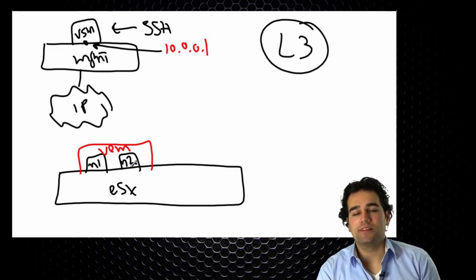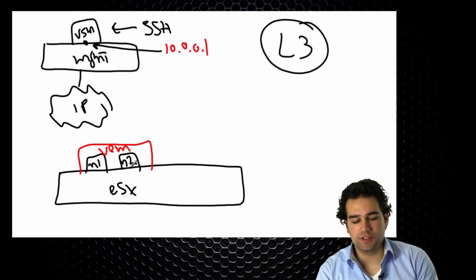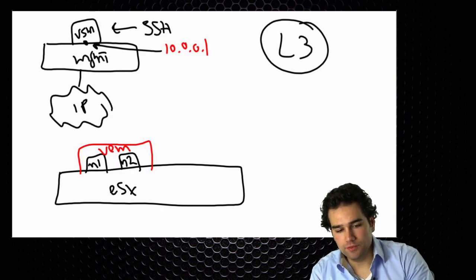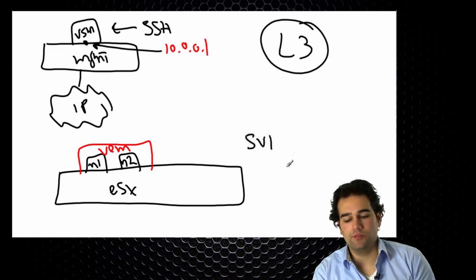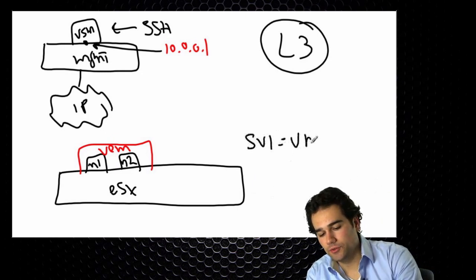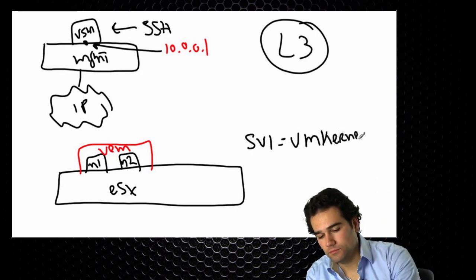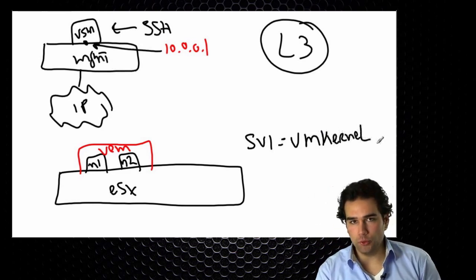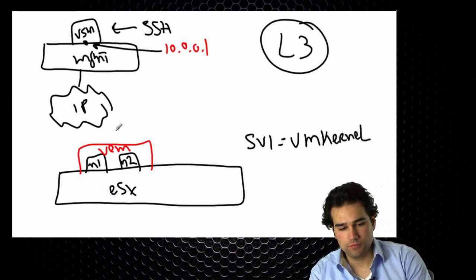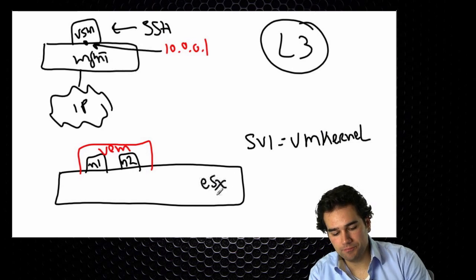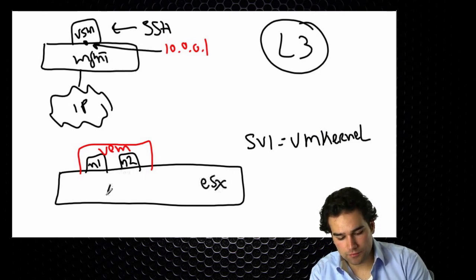So how do we get a layer 3 IP address configured here on these NICs? That is done using something like an SVI type of interface on VMware that is called the VM kernel. A VM kernel port is just an IP port in the ESX server. So I configure here, I have my ESX server here, and I just configure a port that's called VM kernel, VMK.